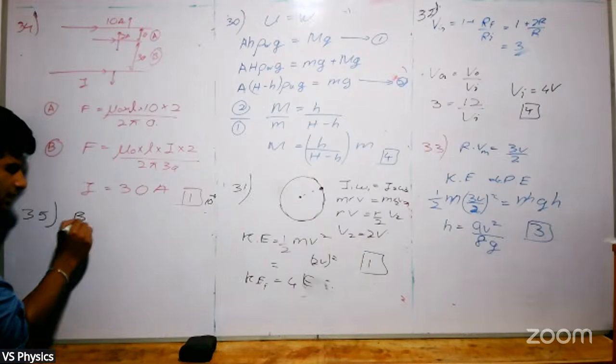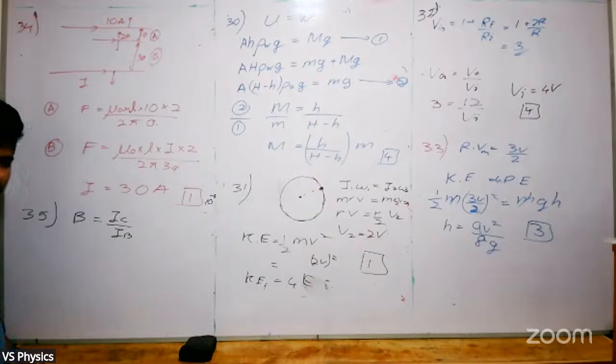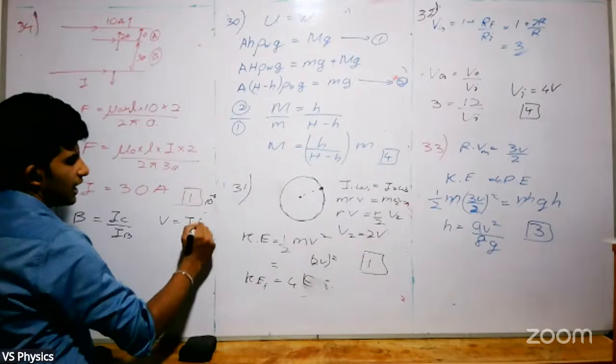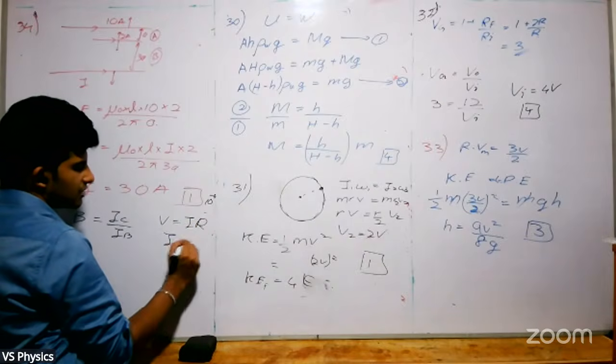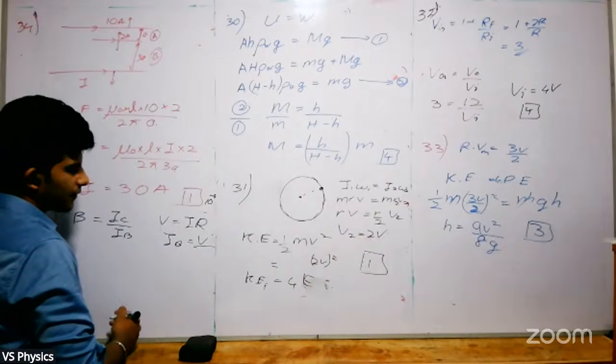Next question. We can do it here itself. We have something called beta, the current gain. Current gain is equal to collector current divided by base current. V equals IR, so the base current is V divided by whatever resistance they are giving.